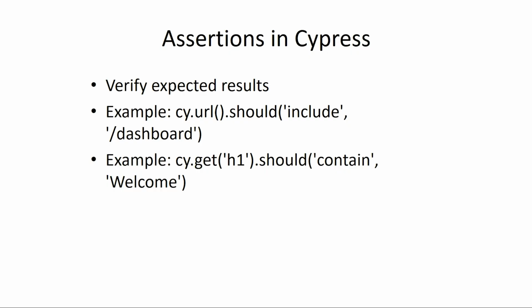Assertions in Cypress, for verifying the expected result. Suppose you want to verify whether the dashboard is open or not. So you can use cy.url().should and include the path here, /dashboard.